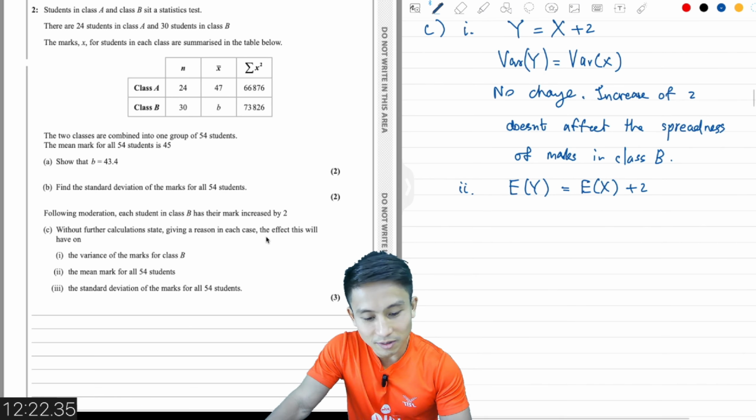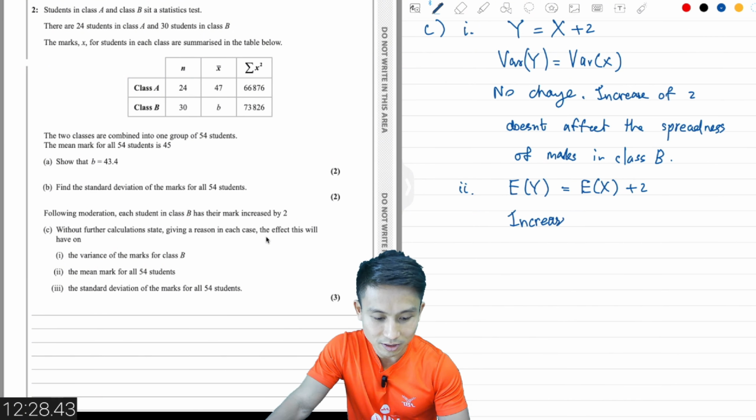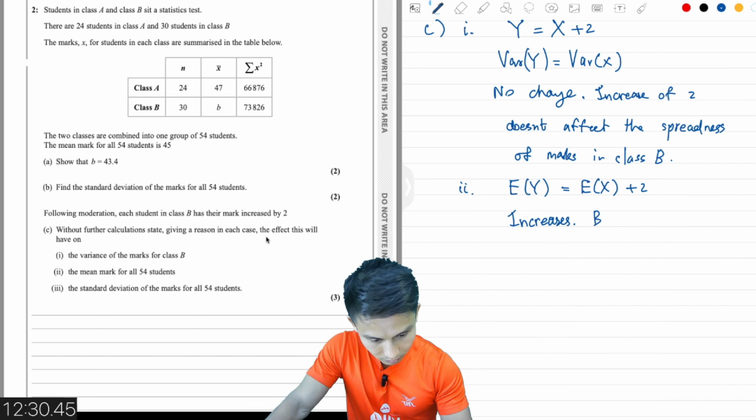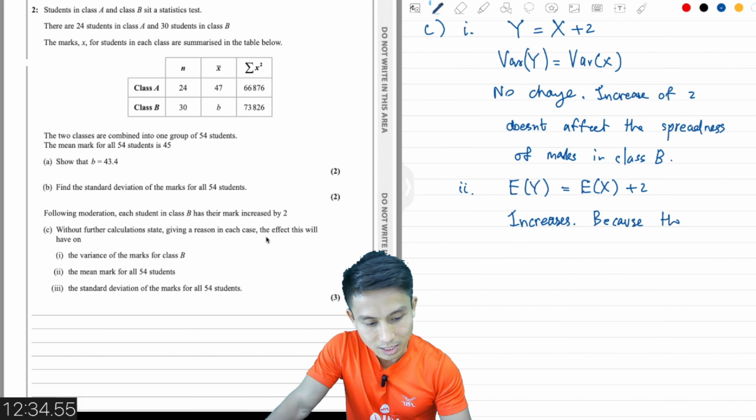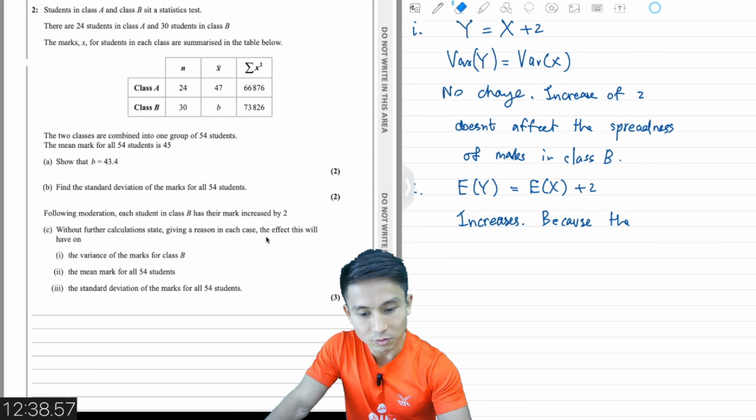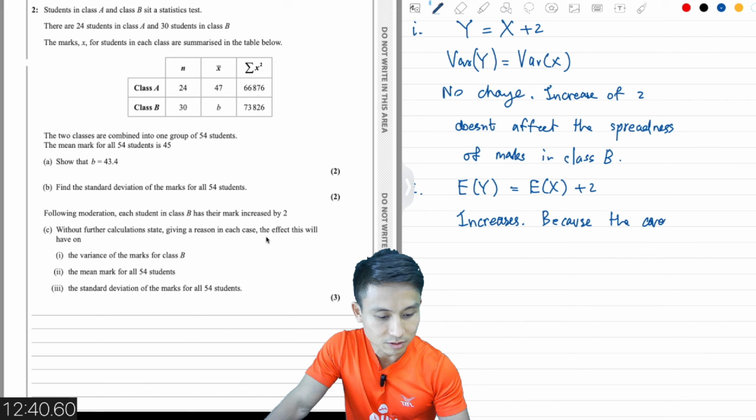So we just say here it increases, because, well, I'm just going to use common language, because the average mark in class B will increase.